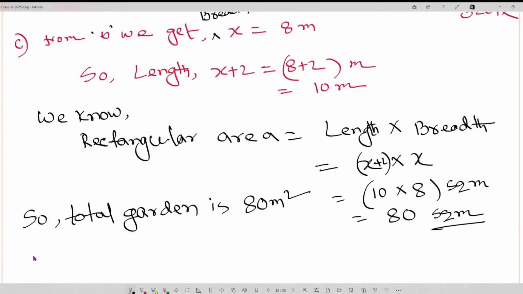So 320 taka, or we can say 80 square meter need to clean 320 taka.